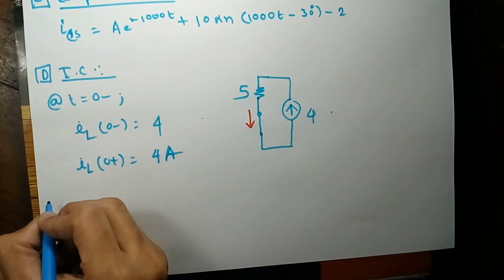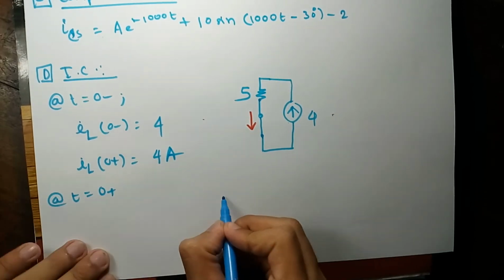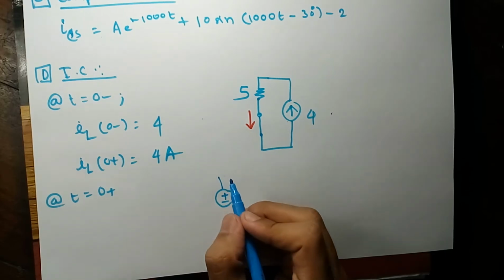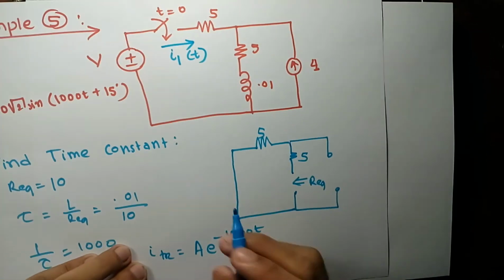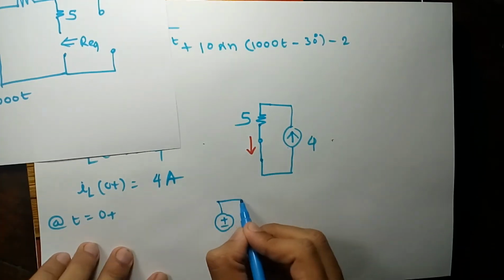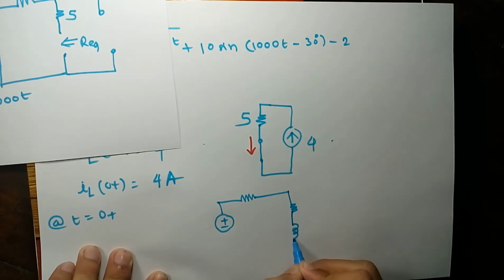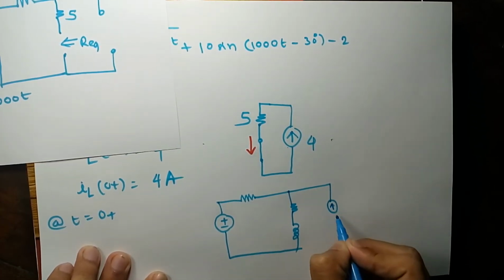Now let's move to the circuit at t equals 0 plus. After switching, there is a voltage source over here, then a 5 ohm resistance, then another 5 ohm resistance, the inductor, and a branch having 4 amps.